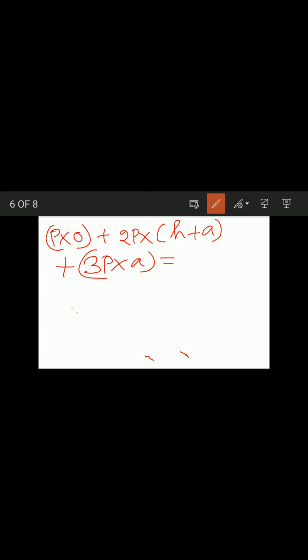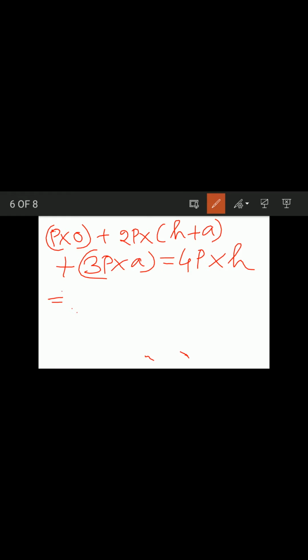So in that case, P into 0 plus 2P into h plus a, plus 3P into a, equal to 4P into h.